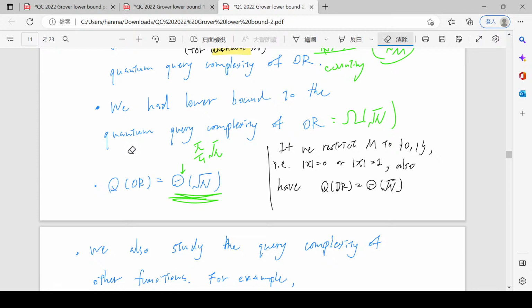Whenever there is a gap between the upper bound and lower bound for some problem, people will work hard to match them just because they want to know what's best possible. But if you want more practical applications, then obviously you want your algorithm to be as efficient as possible. It's like, in classical computation, there is sorting, right? People study all sorts of sorting algorithms and try to get the best possible.